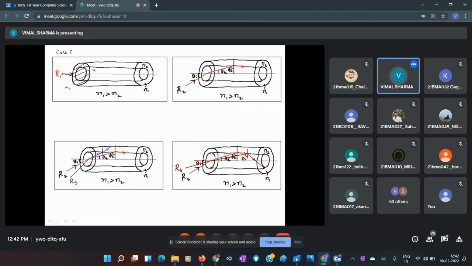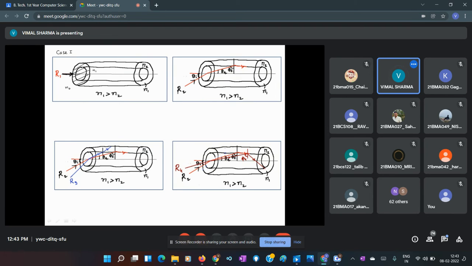And this is the normal to the air core interface, and light is along this normal, or you can say that the angle of incidence for this ray is 0.